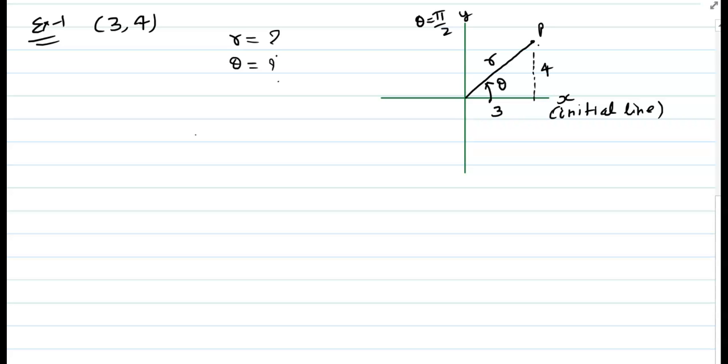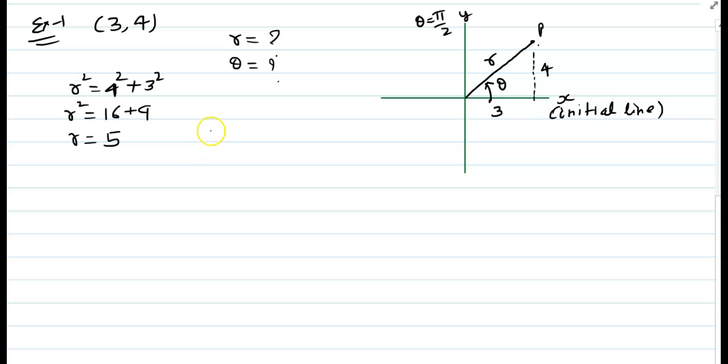First of all, r squared equals 4 squared plus 3 squared, so r squared is 16 plus 9, which is 25, so r will be 5.